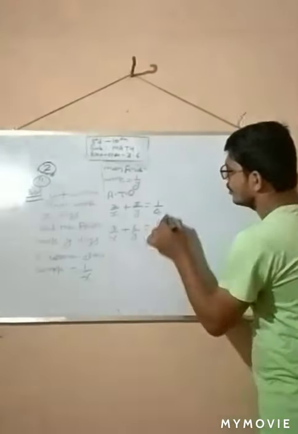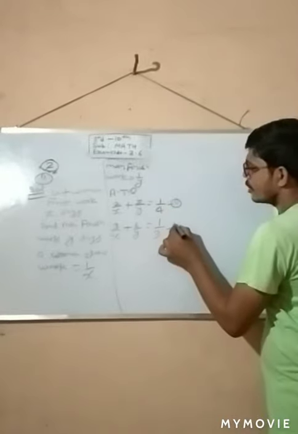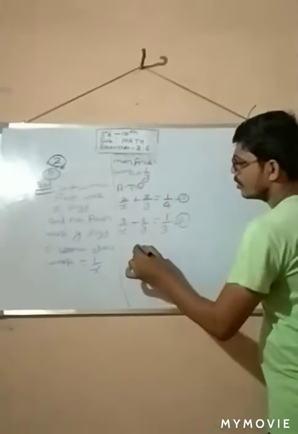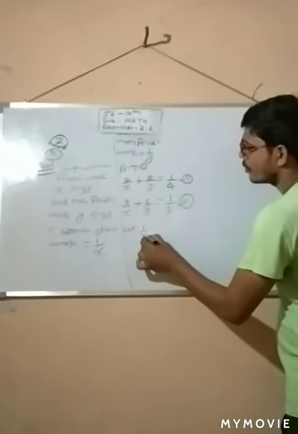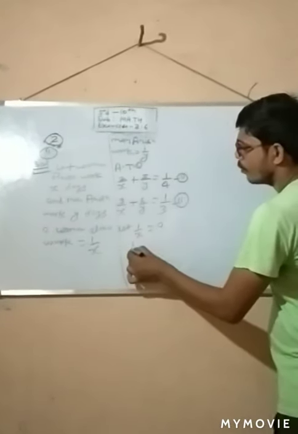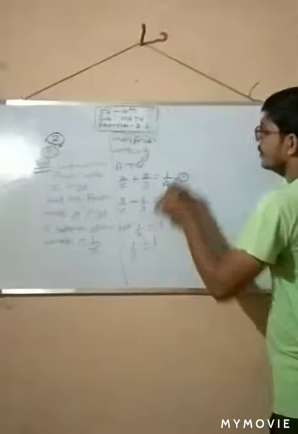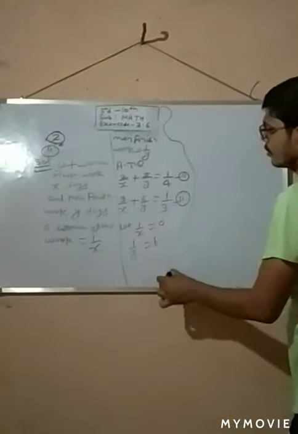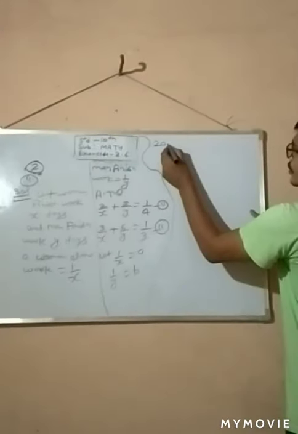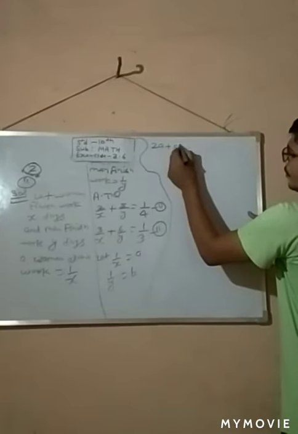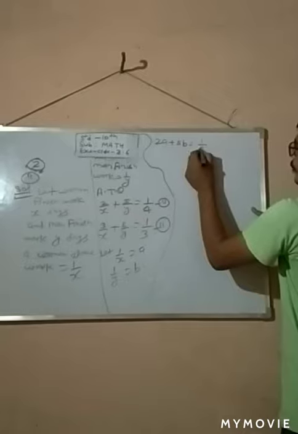This is equation number 1 and this is equation number 2. Let us solve by the reduction method: let 1 by X is equal to A and 1 by Y is equal to B. So we can write 2A plus 5B is equal to 1 by 4.